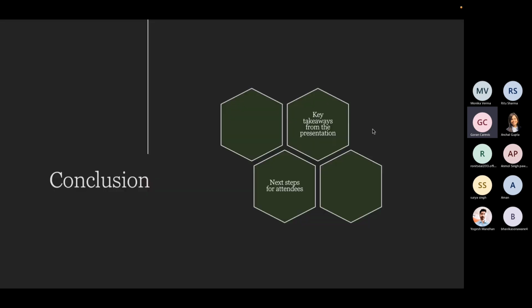And the conclusion: today we have covered the fundamentals of continuous integration and delivery and how it streamlines software development with DevOps. Some of the key takeaways are understanding the importance of CI/CD in modern software development and its benefits, such as faster release cycles, improved collaboration, and increased efficiency.